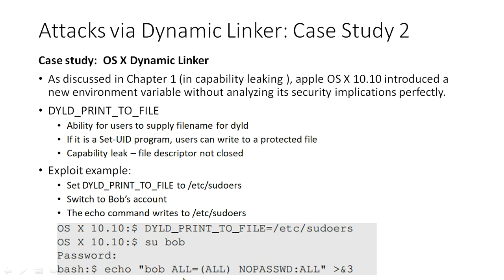So this is the attack. We try to set this variable to a file that we don't have the right permission for, /etc/sudoers. Sudoers is a list of all users and their permissions when we run the sudo command. We then use the su command, which is to switch user, to switch to Bob.